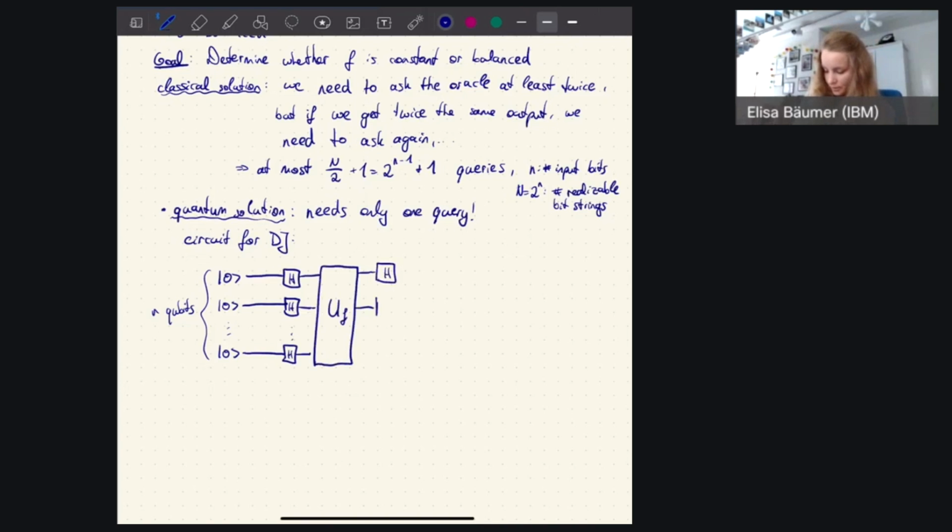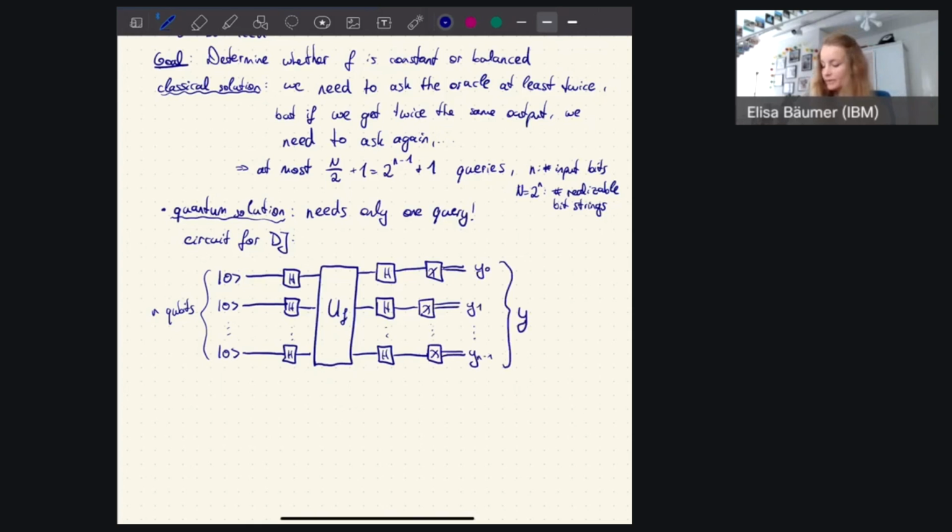Then another set of Hadamard gates. And in the end, we do a measurement of all the n qubits. And here we get a bit y0, y1, and so on until y_{n-1}. This is our bit string y.